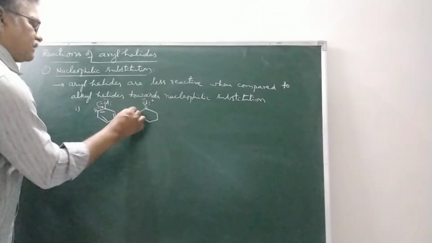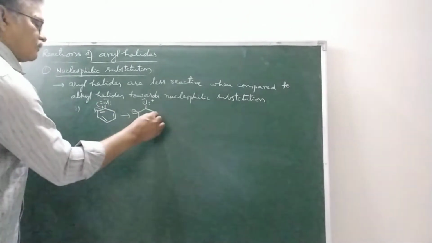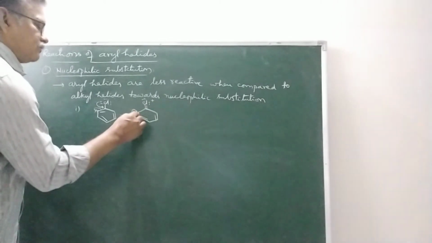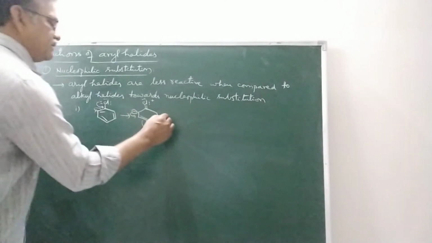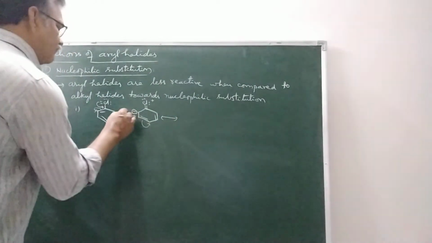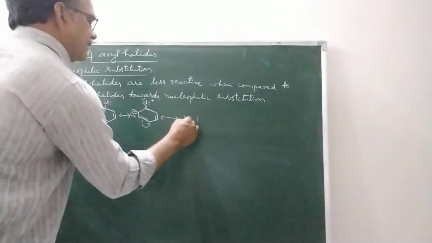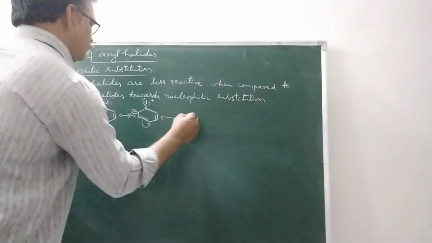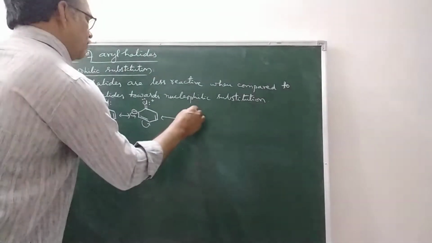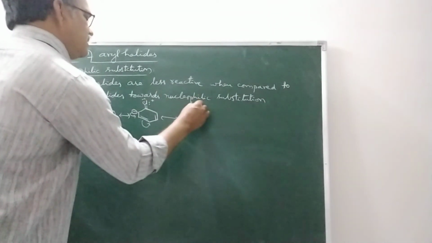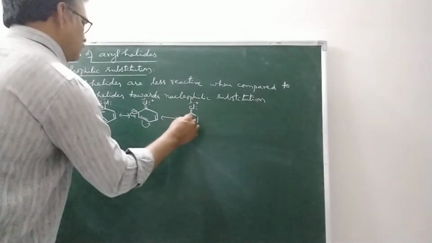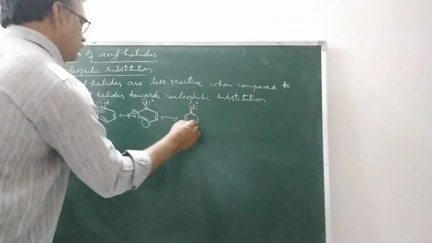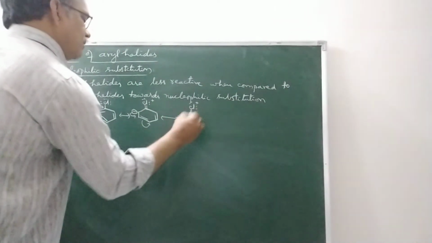Okay, so we'll get a negative charge. If this negative charge comes this, then pi bond shifts like this. So we will get another resonance structure like this. So double bond Cl plus, okay, so double bond minus double bond.